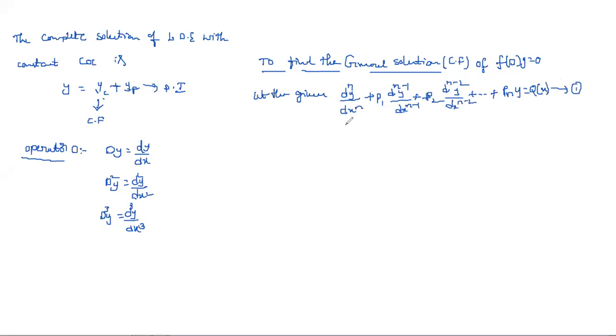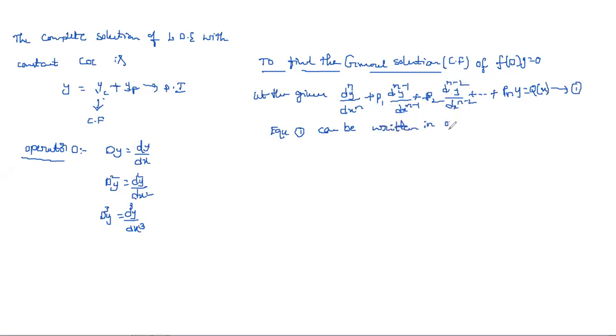Suppose they give it in the problem in terms of d by dx like that. First you need to write it in operator form. So equation 1 can be written in operator form.